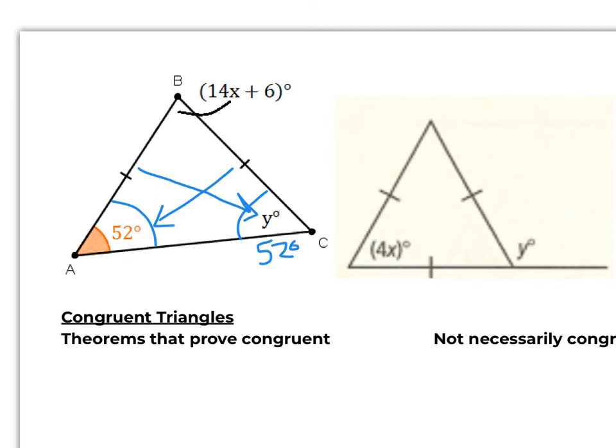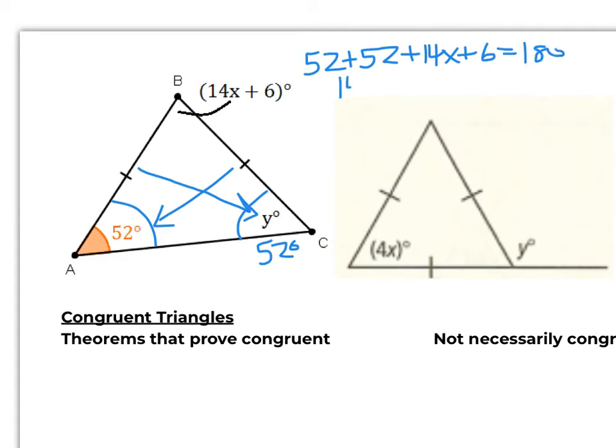And now that I know that, I can add all my angles in the triangle, and they're going to equal 180. So 52 plus 52 plus 14x plus 6 equals 180.